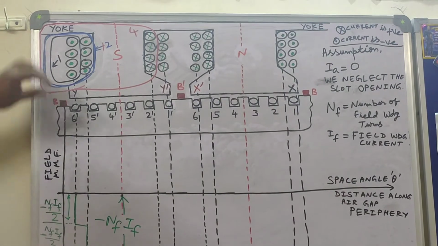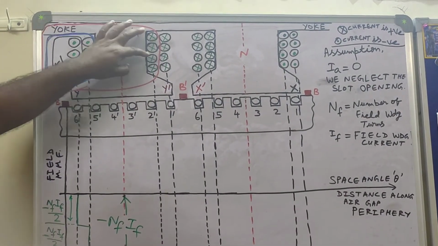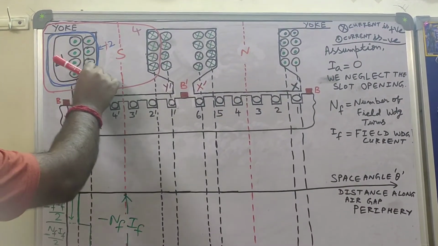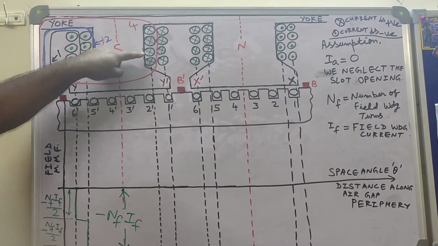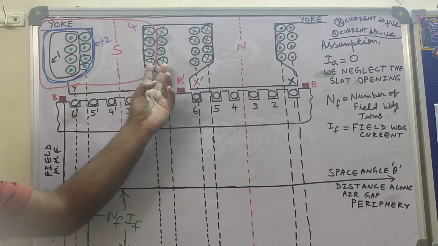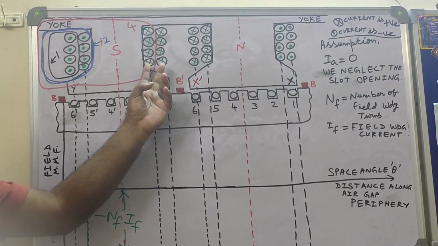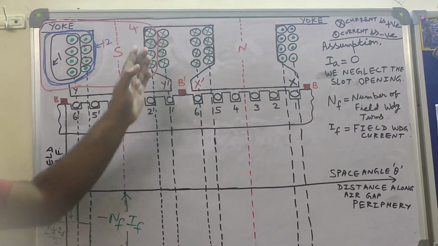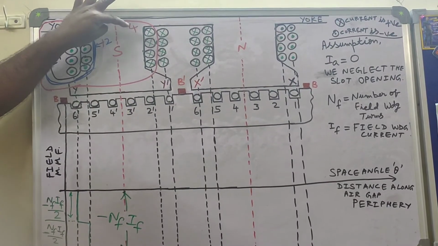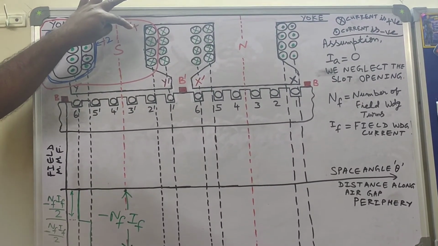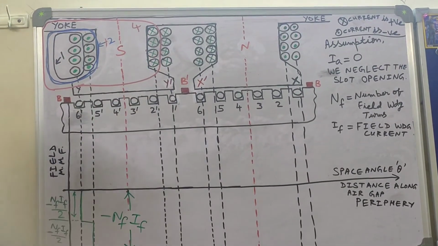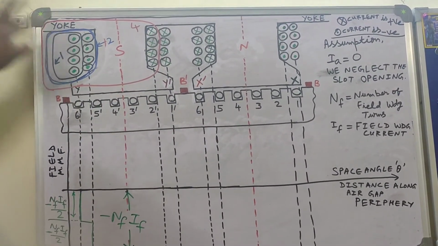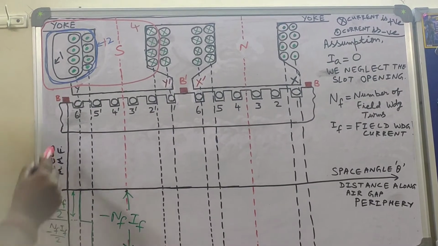That you are enclosing both dot current as well as cross current. But going by our logic, this cross current is how many conductors? NF by 2. Because the total number of conductors is NF and it is having 2 layers. So that means in one layer you will have half of the conductors, that is NF by 2. So you have NF by 2 conductors having cross current and NF conductors having dot current.